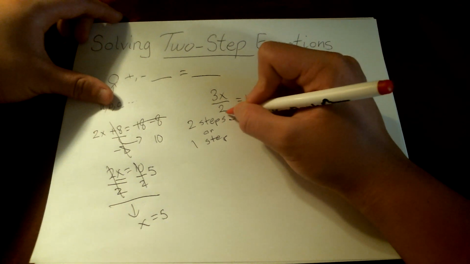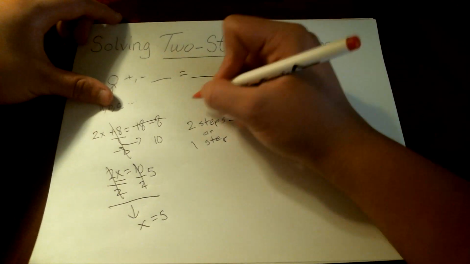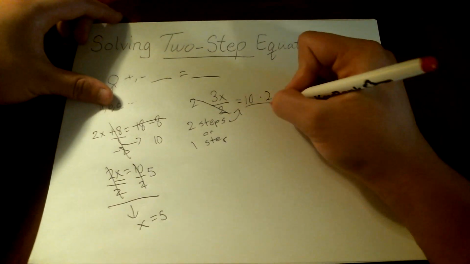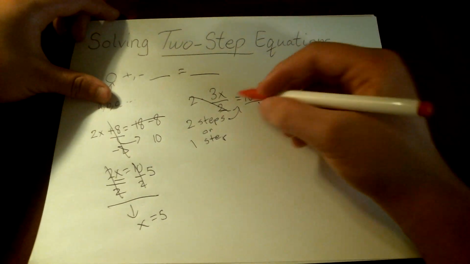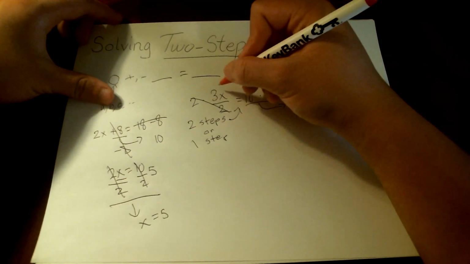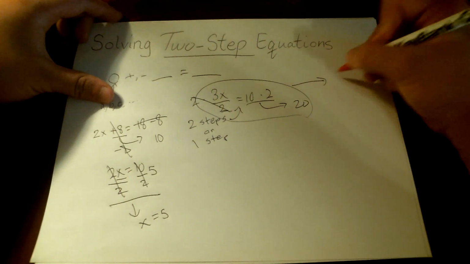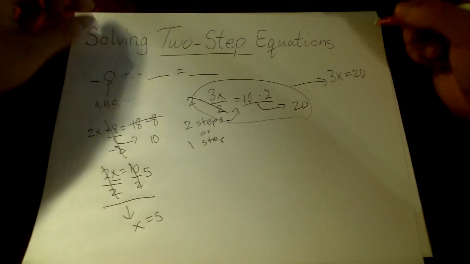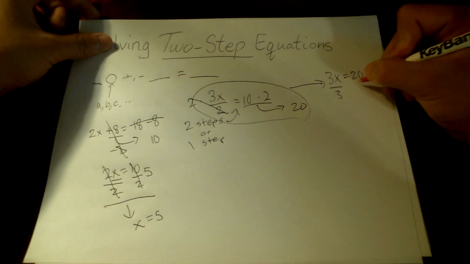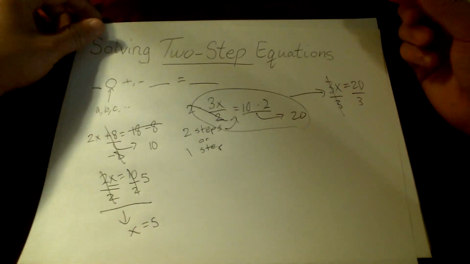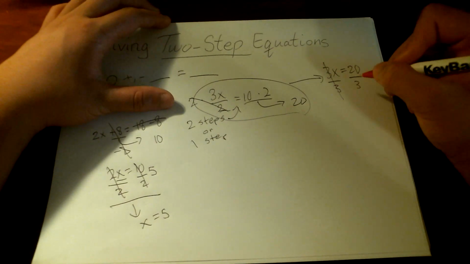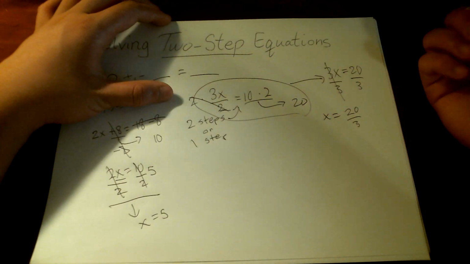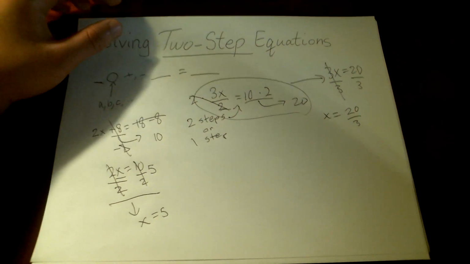So for this one, we would multiply 2 by both sides. These will cross out. So then this would be 20. And then we would have 3x equals 20. So then we would divide both sides by 3, making this cross out and making this equal to 20 over 3. And 20 over 3 cannot be simplified any further. So that would be what we get as a final answer.